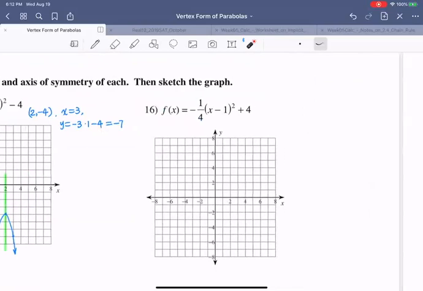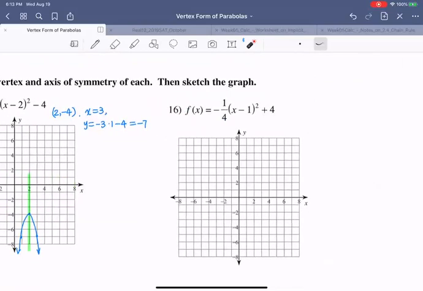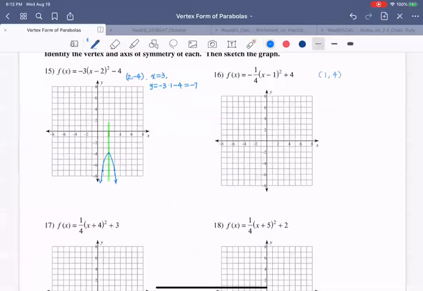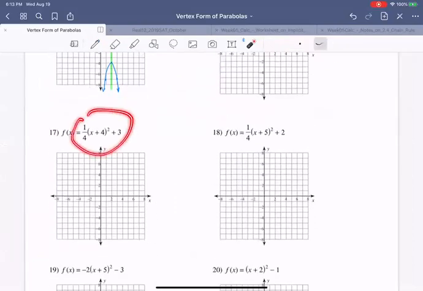So I'm going to ask you to take turns to tell me the vertex. This one, Valerio, what's the vertex? It's (1, 4). Perfect. Angela, what's the vertex for this one? (-4, 3). Perfect. Valerio: (-5, 2).